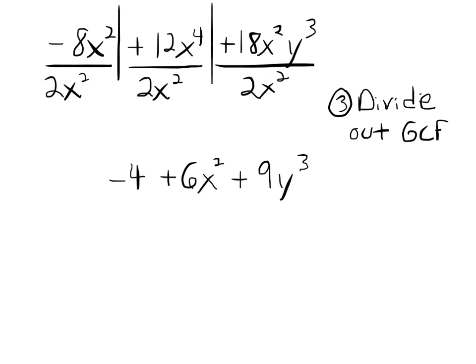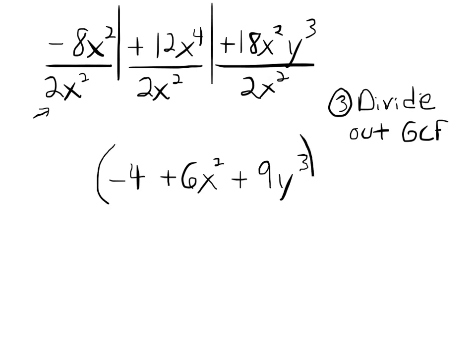Okay, now, it is absolutely imperative that when you do this, you cannot just forget about this GCF here. We pulled it out, but we don't want to change the actual value of the answer.